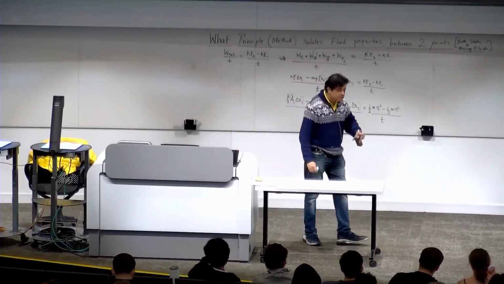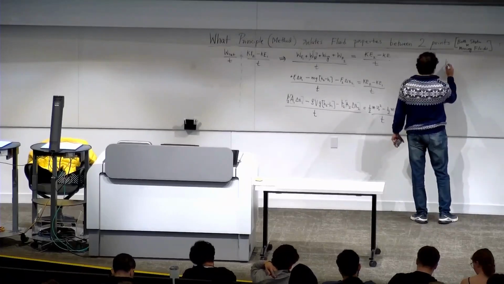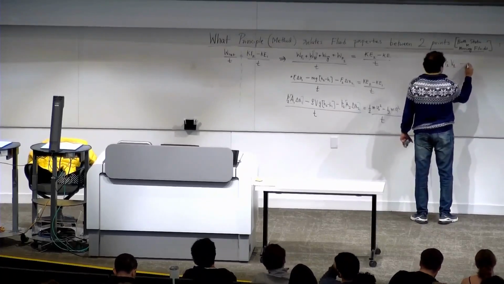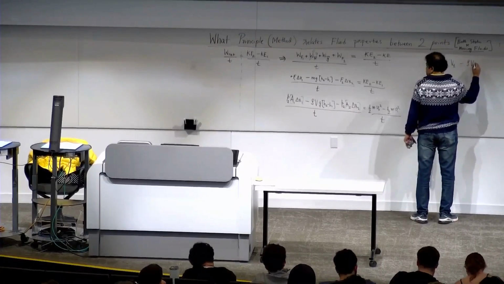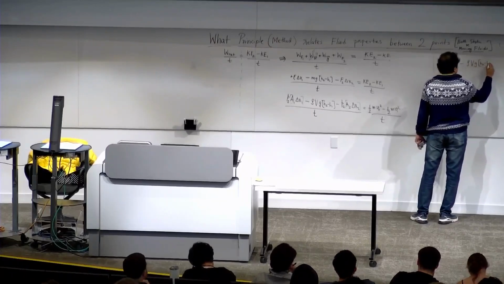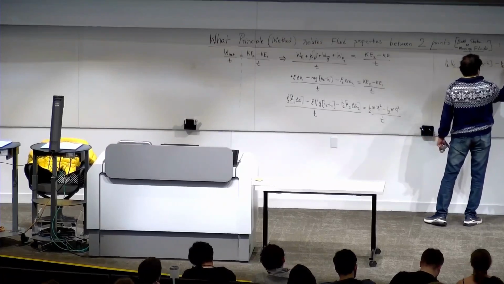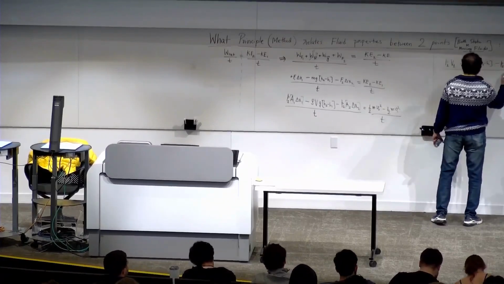Area times a length is a volume. So, the next thing will become, this is becoming P1 V1 minus rho V g (h2 minus h1) minus P2 V2, that is it, divided by time.